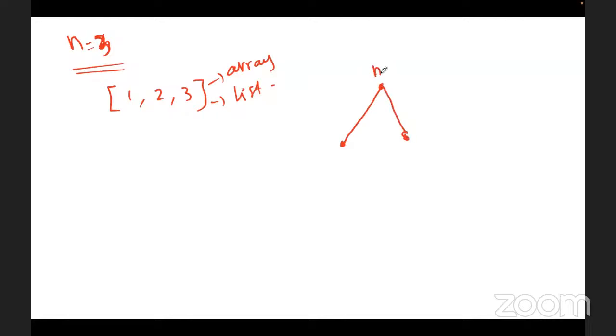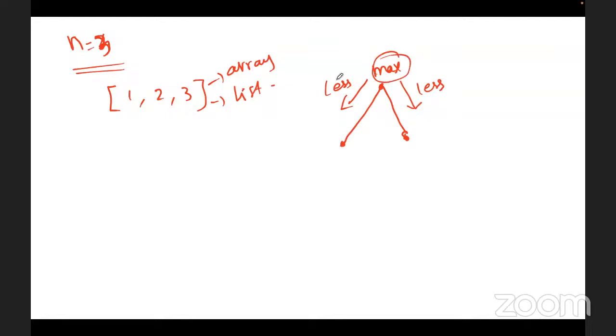Always here should be the maximum value. Always the higher position is the maximum value, right? So the right side should be less, and also the left side should be less, right?